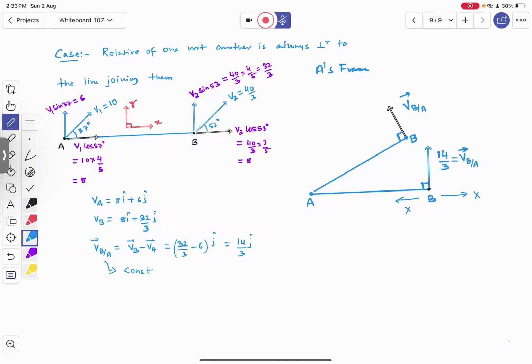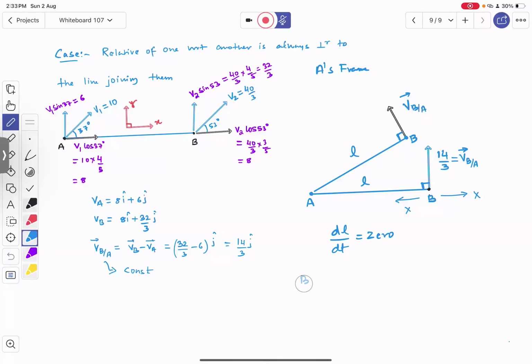Because of that, B goes around A, neither moving towards A nor moving away from A. So what will be the rate of change of separation between points A and B in such a situation? You will say it will be 0, right?